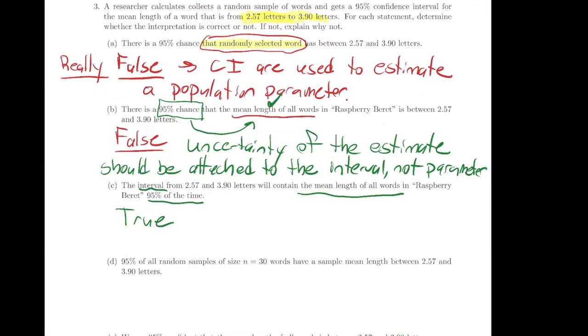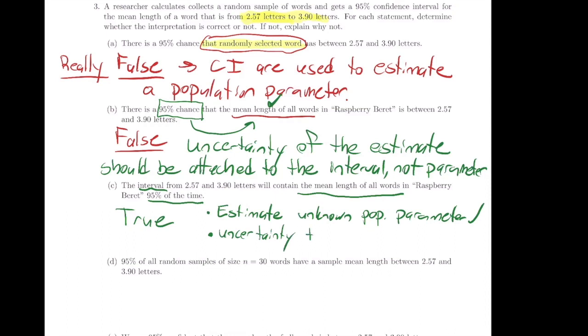So the two good things here are this is being used to estimate a population parameter, so that's a check, and the uncertainty here is attached to the interval. Some of the intervals it's going to work, some of them it won't work. That has nothing to do with the population parameter varying.